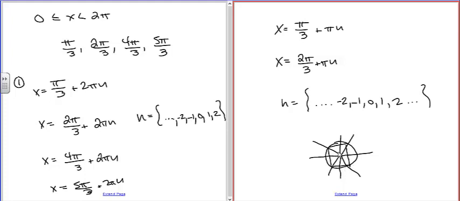All you get is different signs. So that's kind of how you do it, but I think it's in this case easier to not worry about that, especially since you don't have tangent on the unit circle.